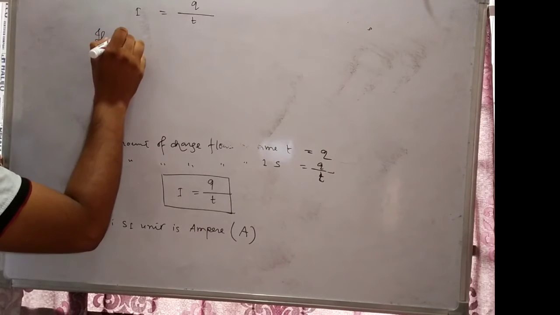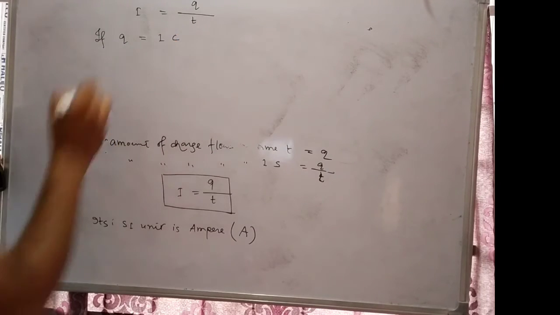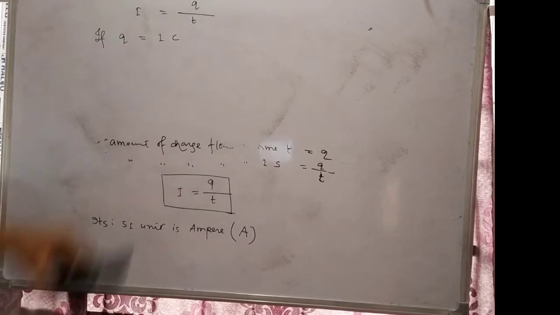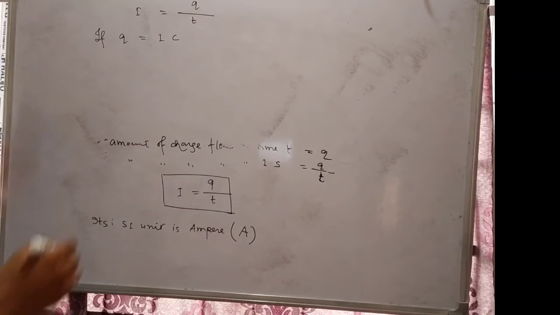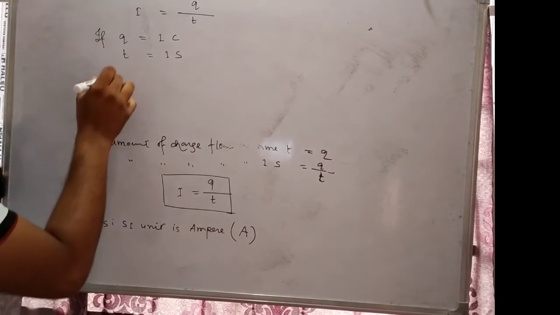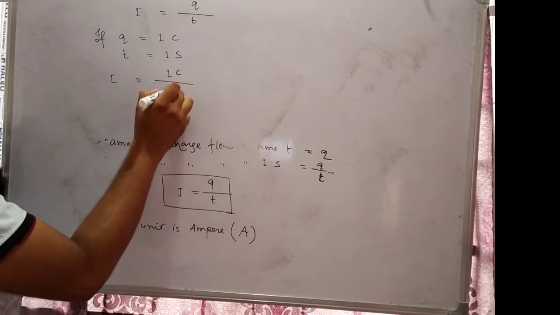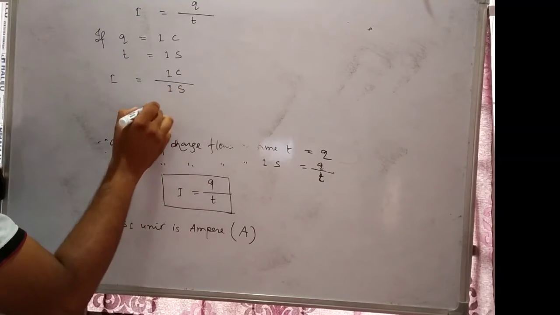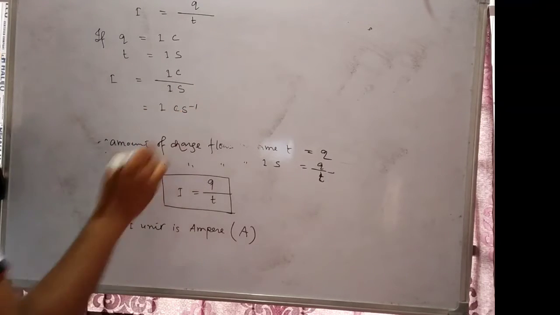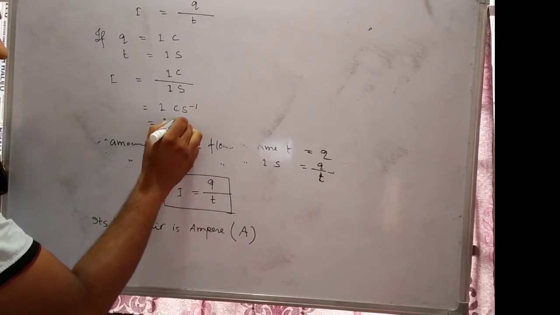Now if q equals 1 coulomb, this capital C represents coulomb. Coulomb is the SI unit of electric charge, and t equals 1 second, then I will be equal to 1 coulomb by 1 second. So 1 coulomb per second, and this coulomb per second is called ampere.